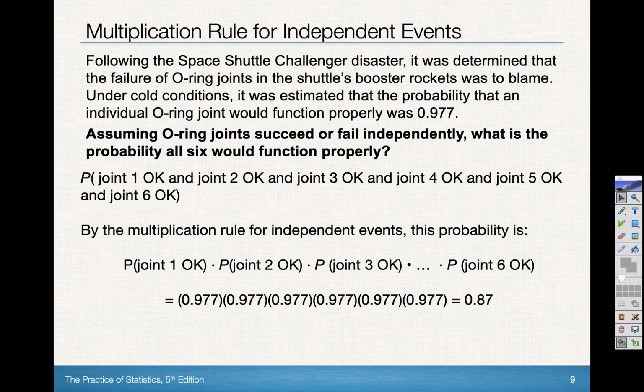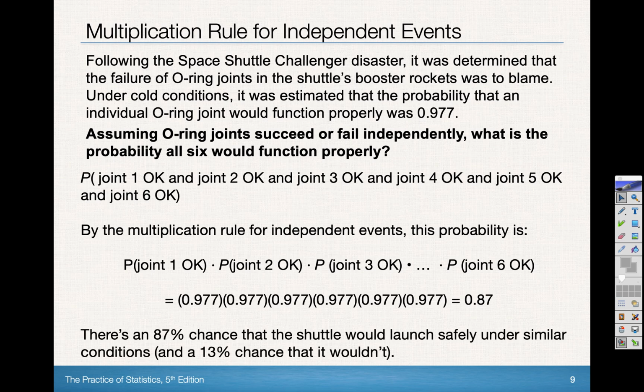There was a 13% chance of this space shuttle blowing up during takeoff. And that should seem extremely high because it is.